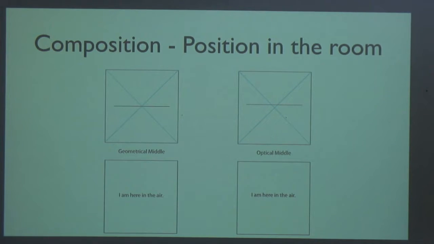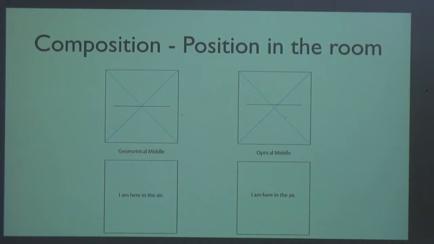But in any case, in case you do want to put something in the center, don't. Put it slightly above the center. There's a difference between the geometrical middle, where it's dead centered, and you can take your ruler out and measure it, and what looks right. It's a different story.